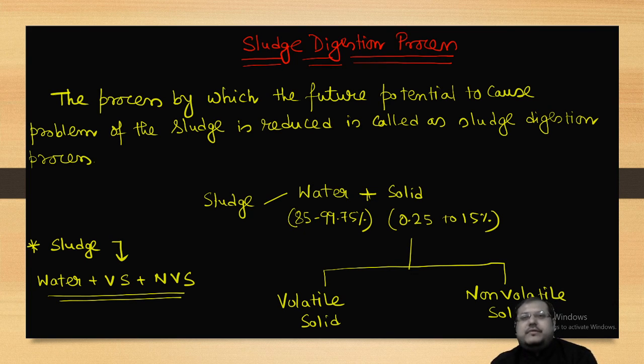The process by which the future potential of the sludge to cause problems is reduced is called the sludge digestion process.